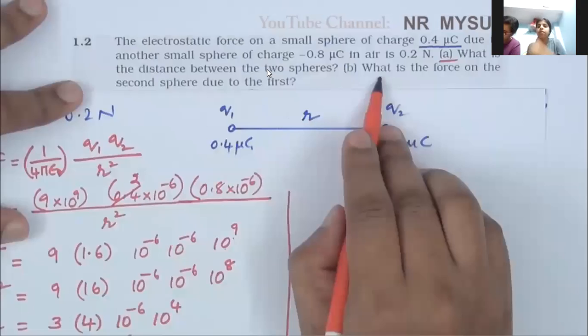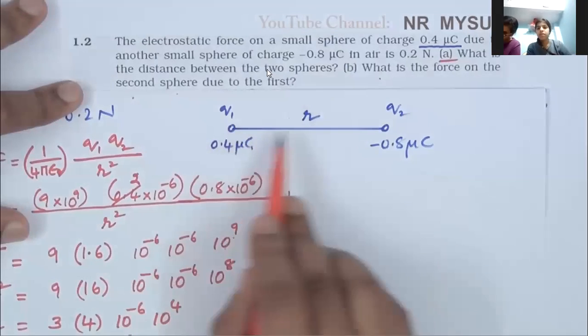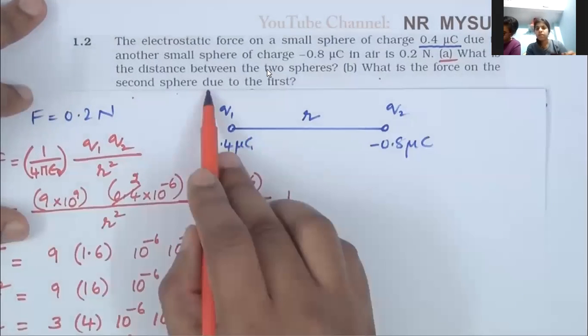What is the force on the second sphere due to the first? Force between these two spheres is 0.2 Newton. Then force on the second sphere due to the first is also the same.